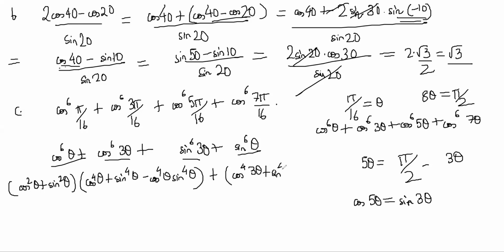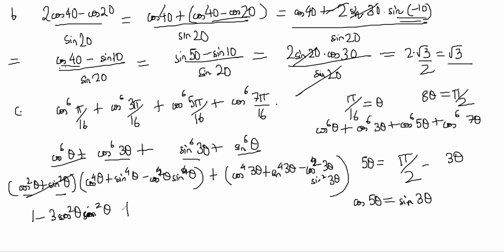The first factor becomes 1. So you have 1 minus 3 cos square theta sin square theta plus 1 minus 3 cos square 3 theta sin square 3 theta.